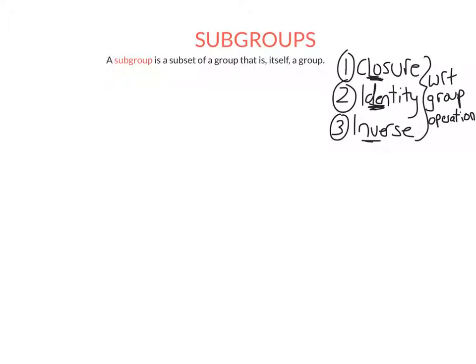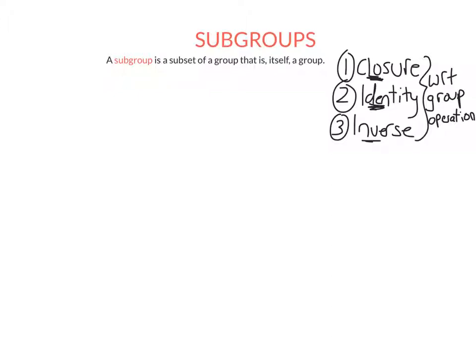What is different though between this and a normal group is, remember, there were four group axioms. There's one missing from this list of three, and that is associativity. So I don't need to check that for a subgroup, because if a group is formed under an operation, say addition, that means that every element of that group is associative under that operation.